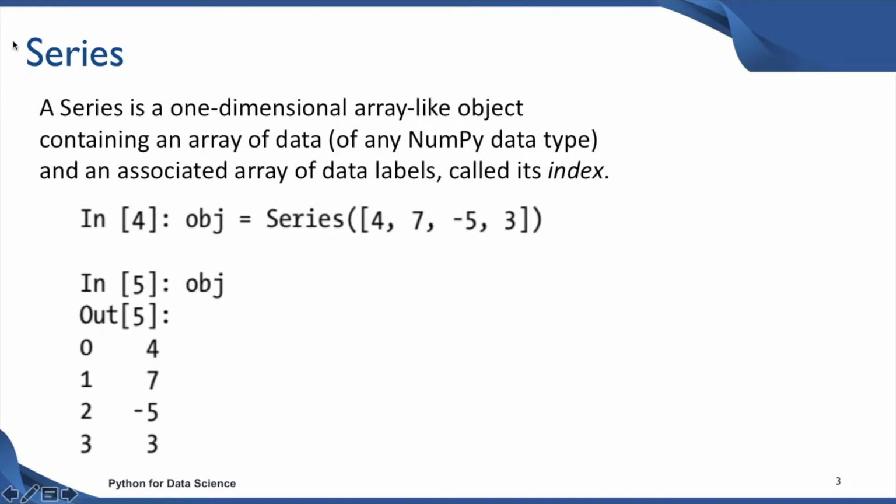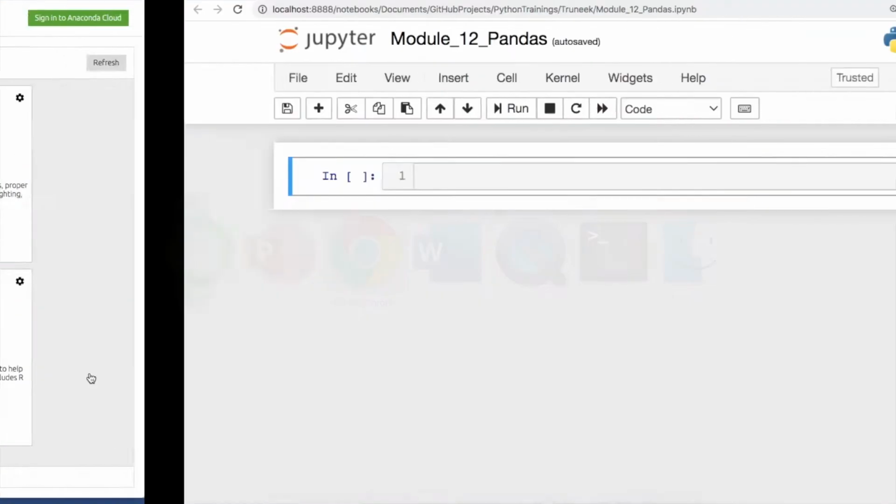So it also consists of an associated array of data labels, which is known as its index, right? Okay, so here this is our one-dimensional array, or you can say that list, right? We have converted it into a series, and after conversion to a series, this object has given us the index also, right? So let's see how we can do it.